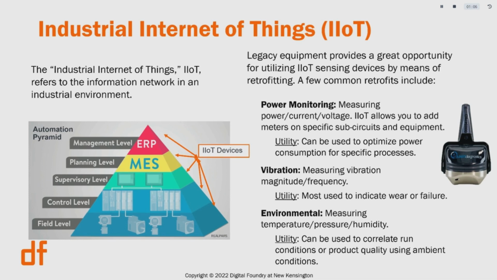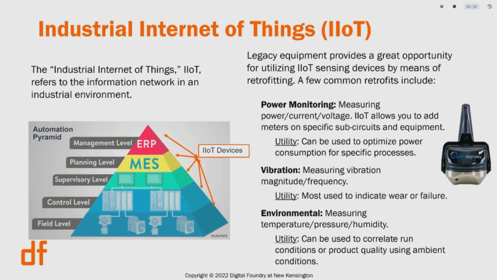A few common retrofits include power monitoring, which is essentially measuring the power consumption, current, and voltage of equipment. The benefit here is to optimize power consumption, thereby reducing costs. Vibration measurement is the next retrofitting example, which can lead to benefits in predictive maintenance to detect the wear on machines and components.